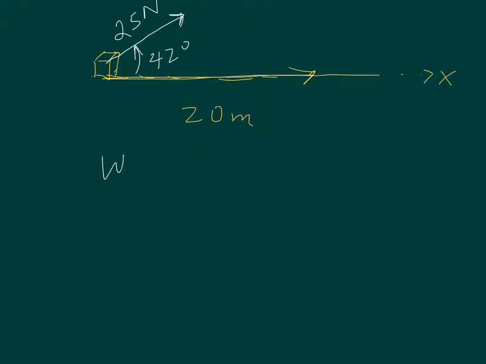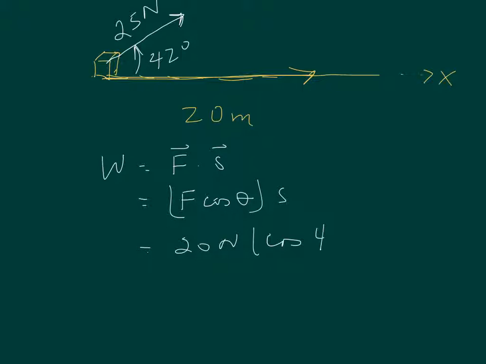We look at the work, and it's equal to F dotted into S, which is equal to F times the cosine of the angle between F and S times S. So that's equal to 25 newtons times the cosine of 42 degrees times 20 meters.